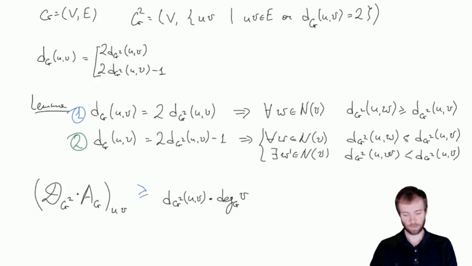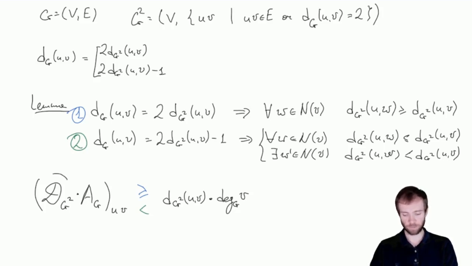So if we have this inequality, we have the first case, and if we have this inequality, we have the other case. Now, what kind of data do we need to perform this reconstruction, and how fast can we compute all the needed values?